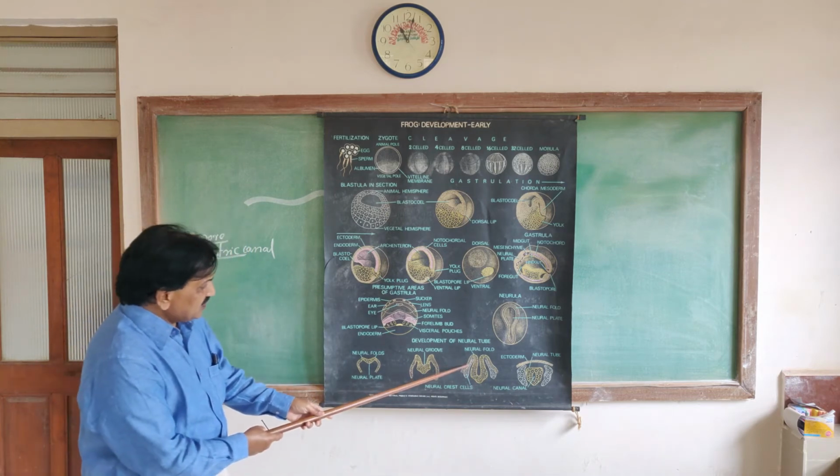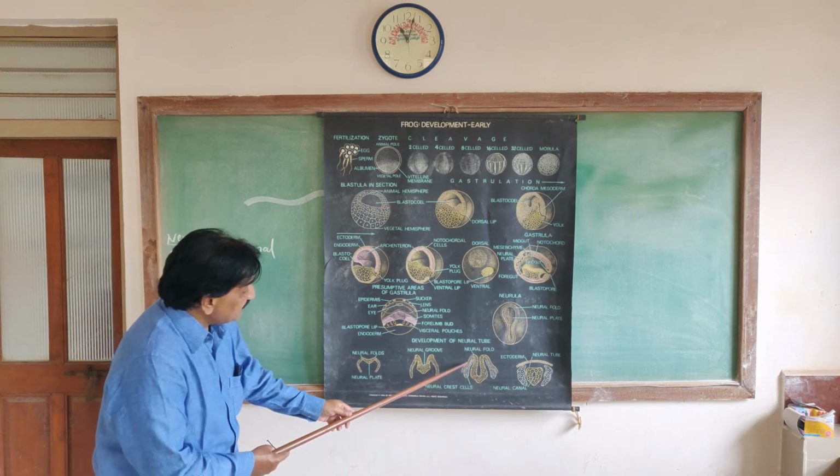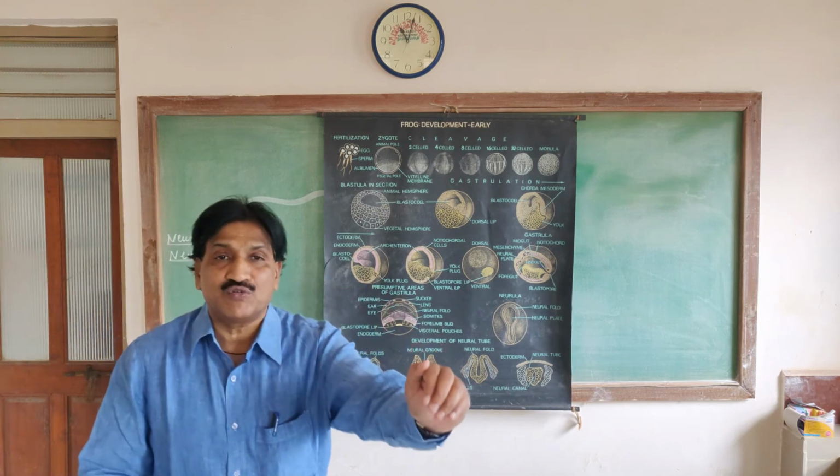So what is the location of these neural crest cells? They are present between the ectoderm and the neural tube. That is the location of the neural crest.